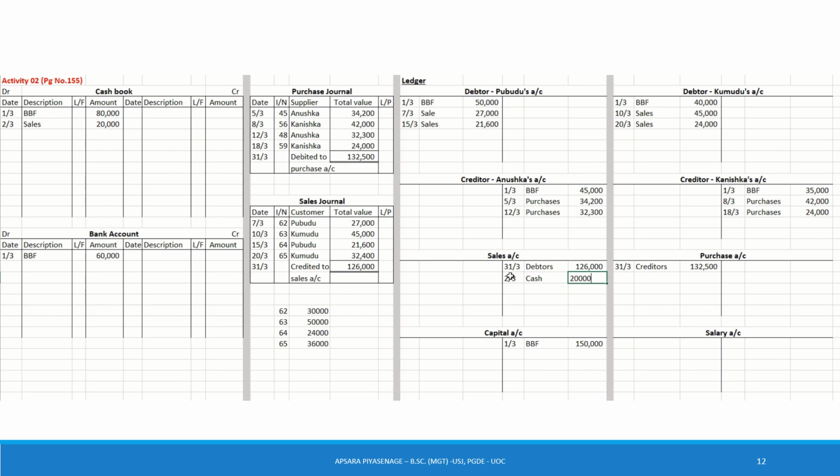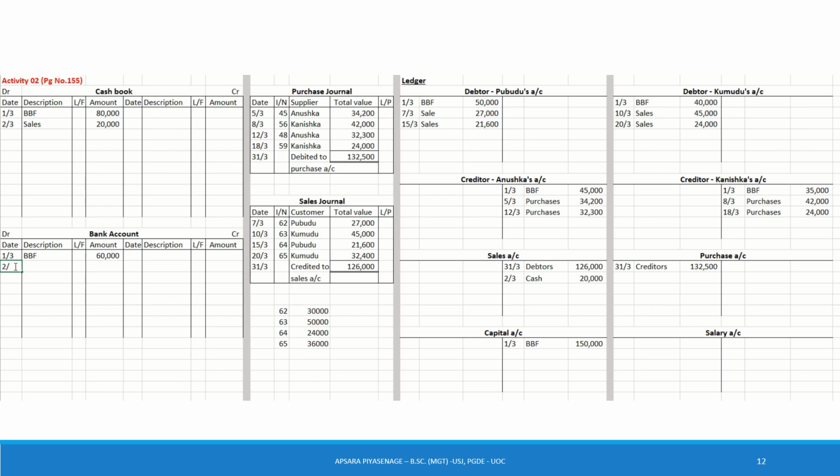And in the check column, they have received on the same date a check of 5,000, and other information is given: deposited the check immediately in the bank. So that means we don't need to record that check in the cash book. We directly deposit that check in the bank.